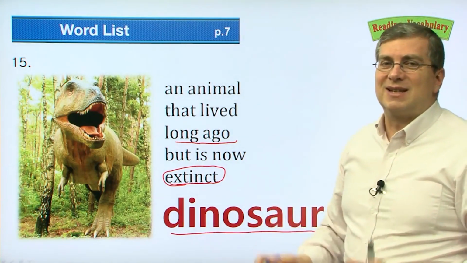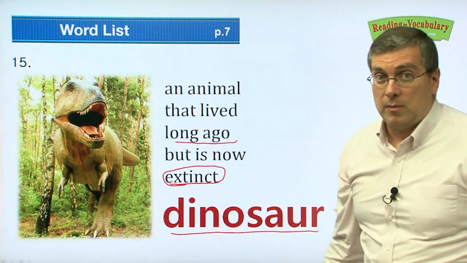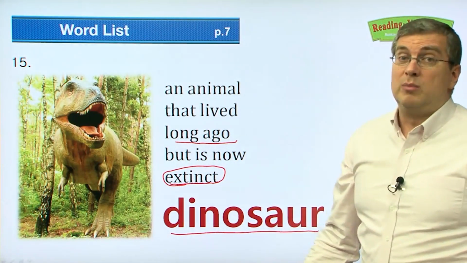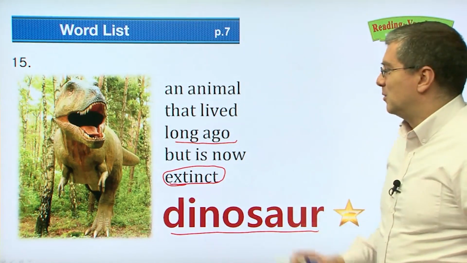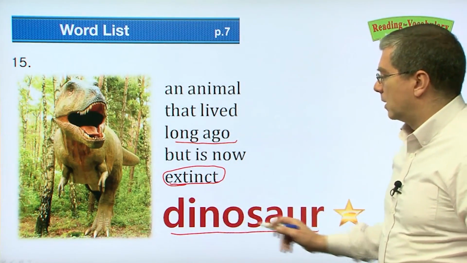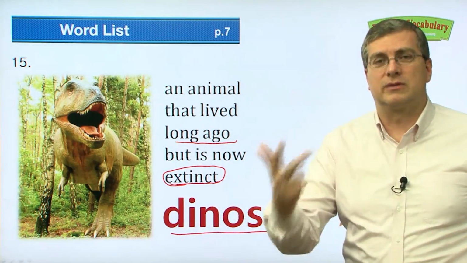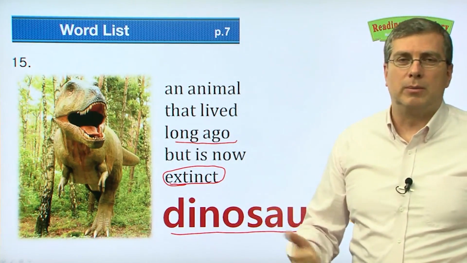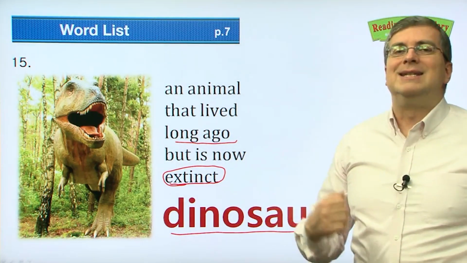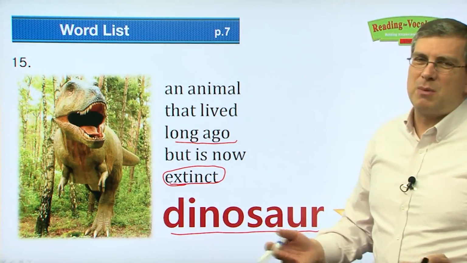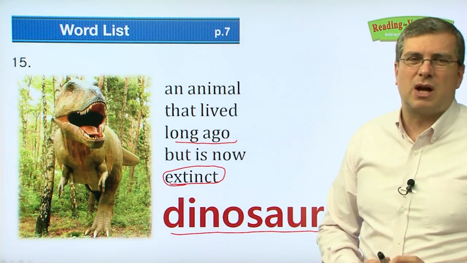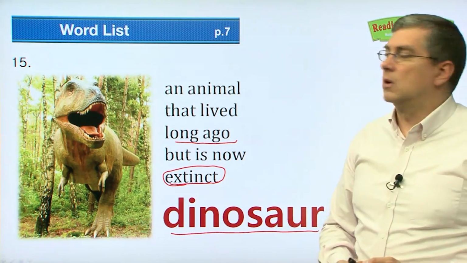It doesn't exist anymore. Whew. Because if it did, we would be in big danger, right? There would be too many of them. Dinosaur, three sounds. It looks like it would be said one way, but we say it another way, okay?